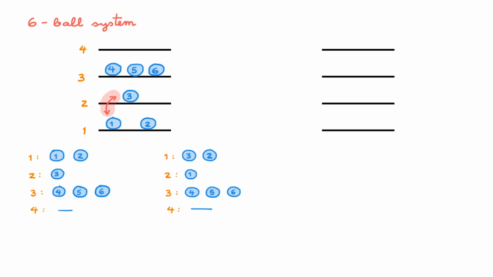This now looks like a different configuration of the system in levels 1 and 2, but we know that in reality the situation is the same because the balls are identical and the labels are artificial. So this description has some redundancy built in, and labeling balls is clearly not a very good way of representing this system of identical balls. In quantum systems of identical particles, if you check the video on the symmetrization postulate, you will see that we have so far built our state in a very similar fashion.